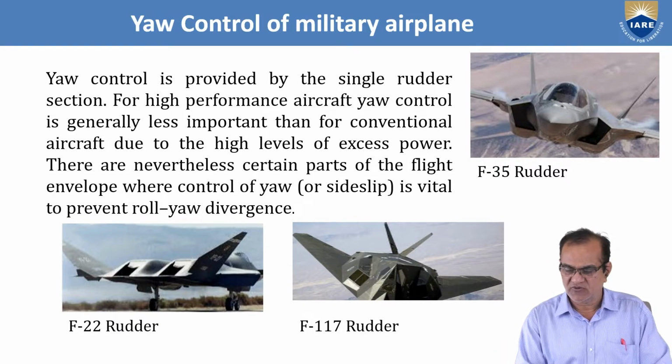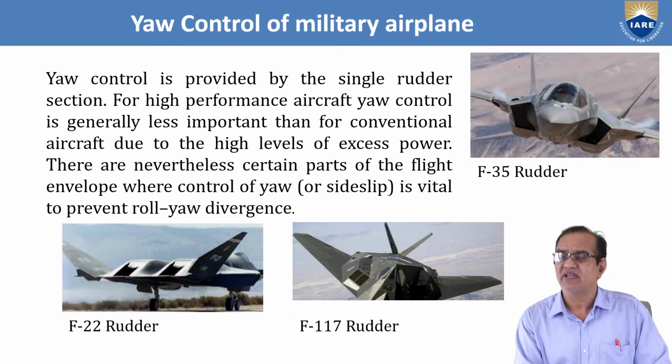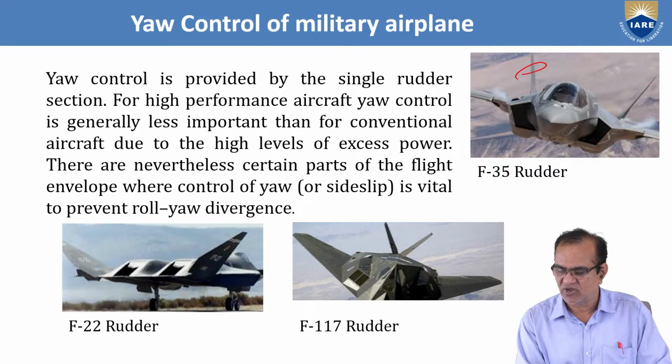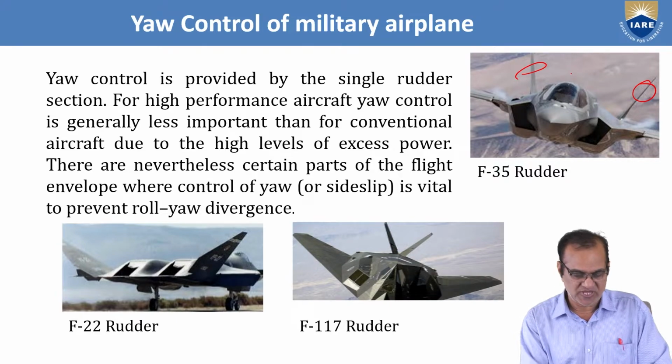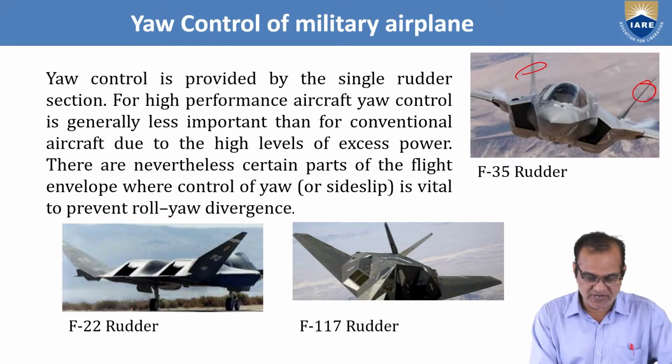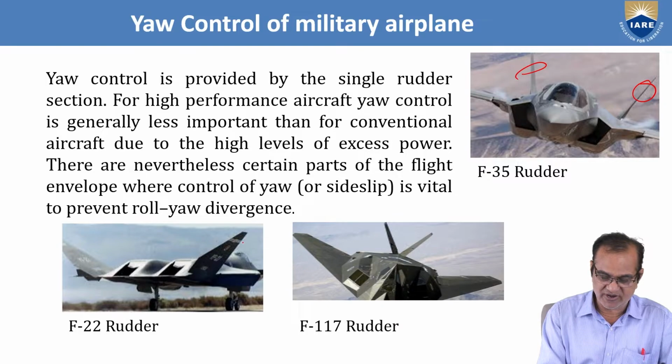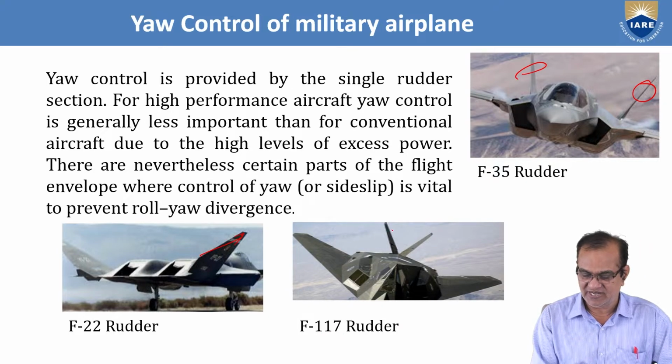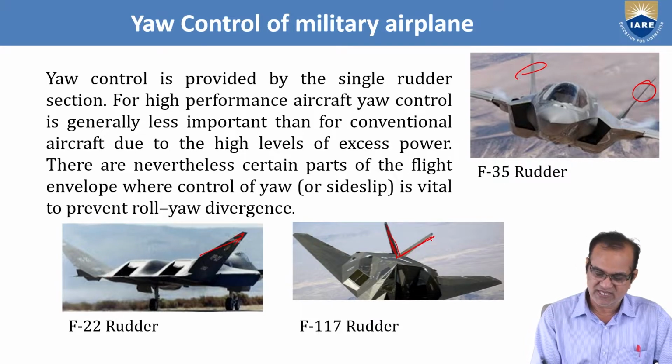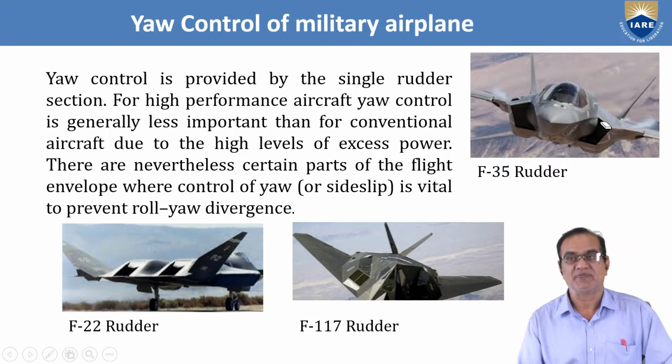So here, in a few very sophisticated fighter aircraft, you can see this is the vertical tail and the rudders are here. On the F-22, the rudder is at this angle. And on the F-117, the rudder is like a V shape. So different types of controls are used for different purposes.